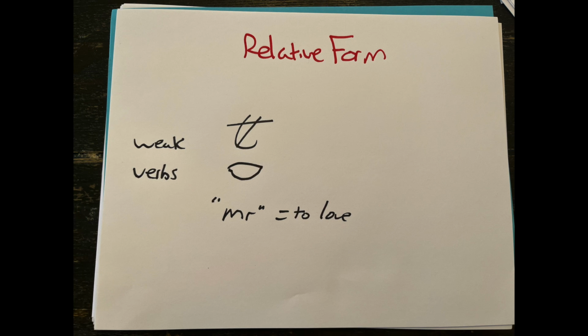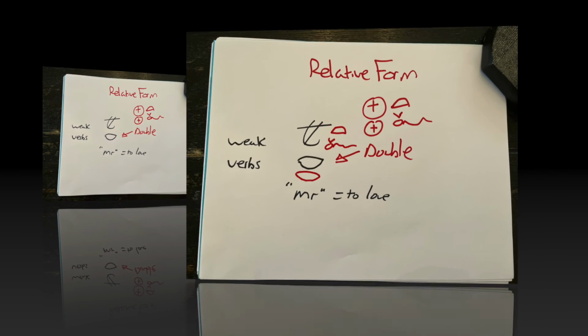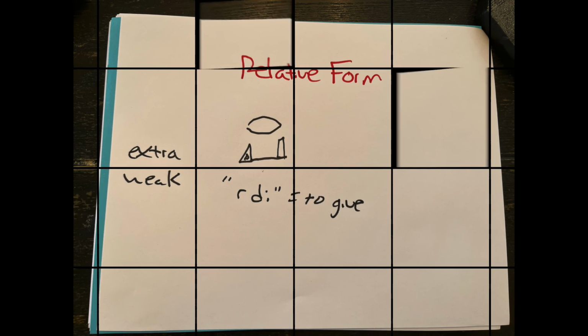In this case, we're going to add that T and our pronoun, but we're also going to double the last consonant. Usually the only verbs that double are doubling verbs. But in this case, in the relative form, one of our clues is that weak verbs also double. So we've got our T, the loaf, our pronoun, horned viper for he, and a double of the final consonant, mer. So another R there.